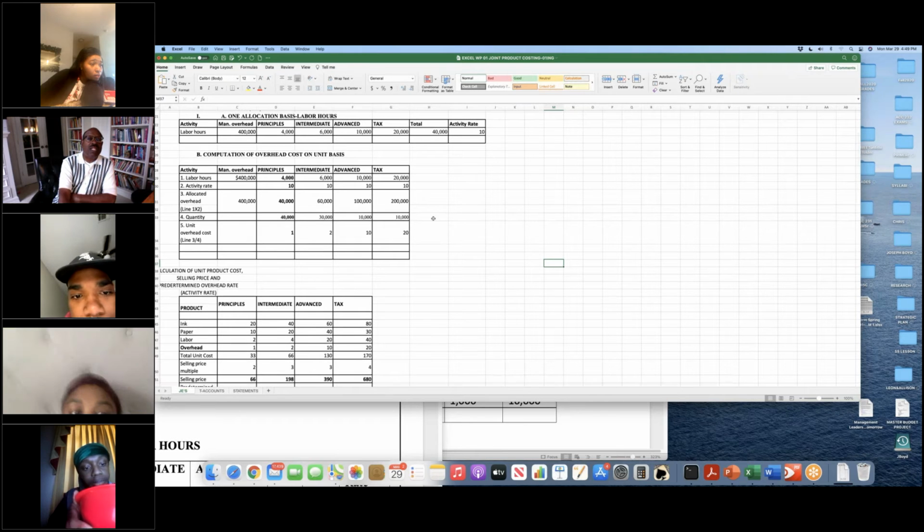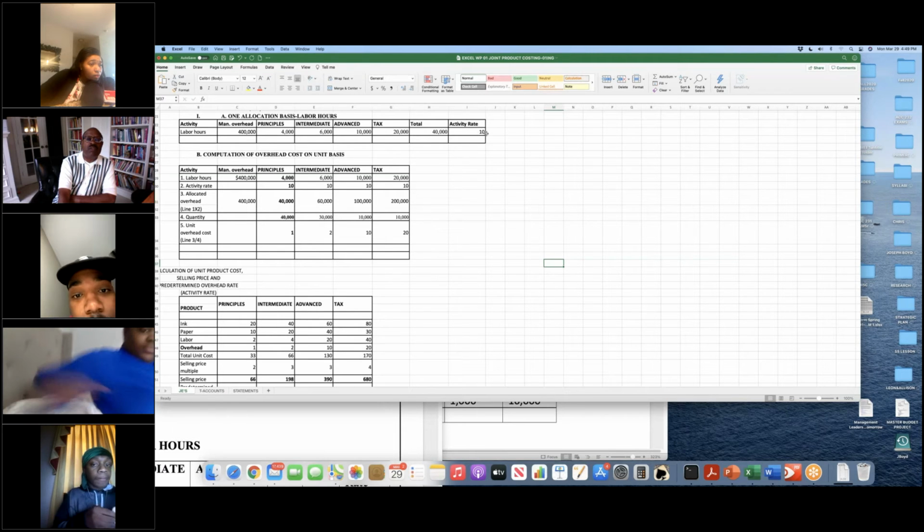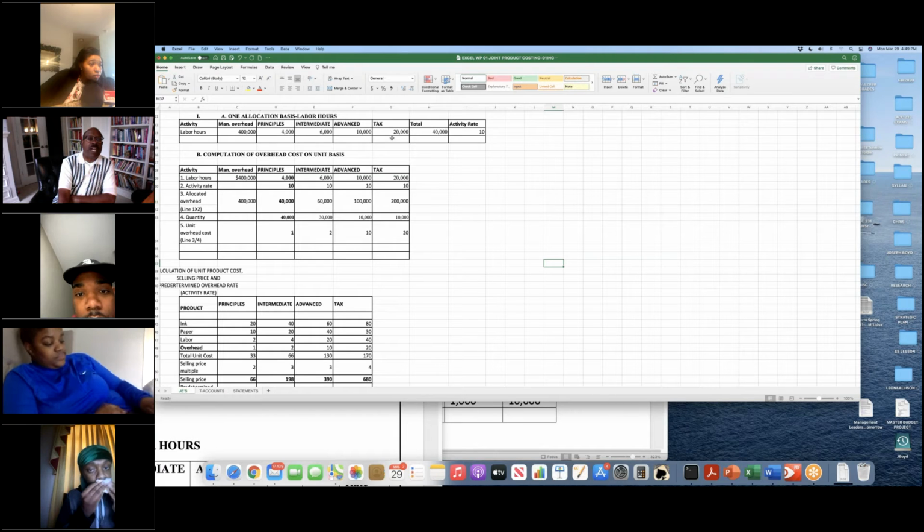I'm not sure. All right, let's go to the top. We need to allocate this overhead to each book. It's 400,000. We come up with an activity rate, weighted average, which is 10, which is 400,000 divided by all the hours. So we're going to allocate that overhead at 10 per hour.